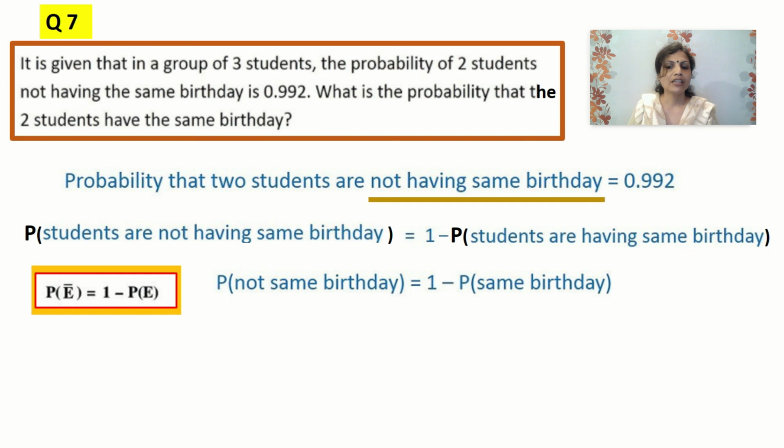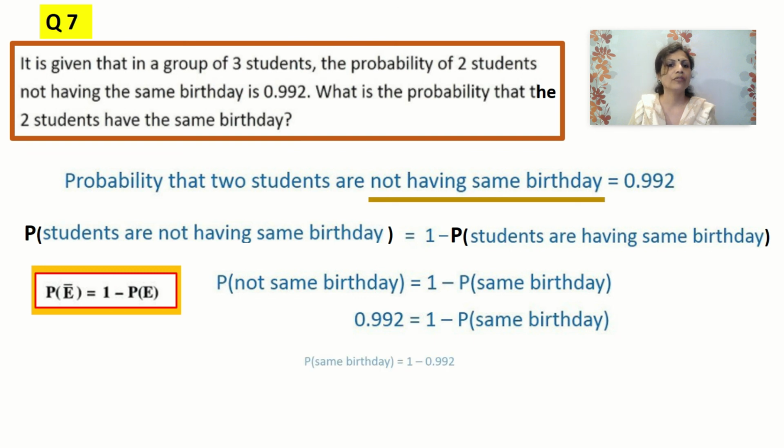Now P of having the same birthday we have to find out, and we are given that P of not having the same birthday is 0.992. Let's substitute the values. So 0.992 is equal to 1 minus P of having the same birthday. Shift the terms and you get the answer.